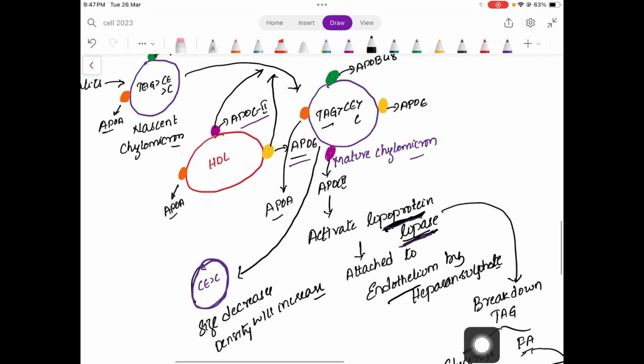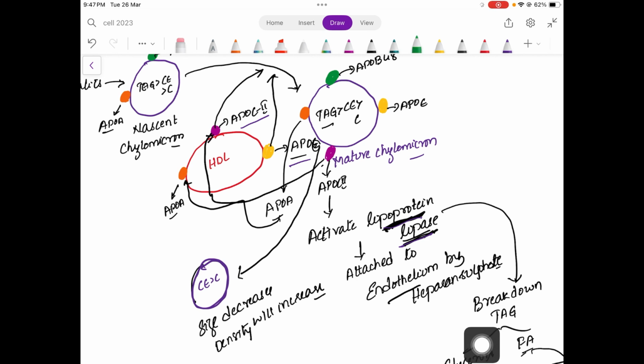Okay, now this chylomicron will donate this ApoC2 and ApoA. This is ApoE. ApoC2 is donated back to HDL and ApoA is donated back to HDL.